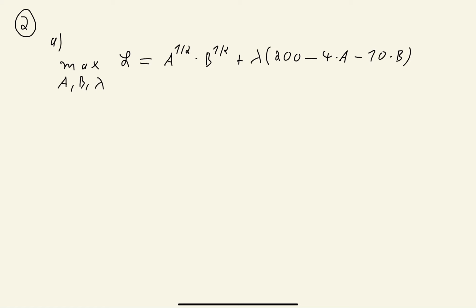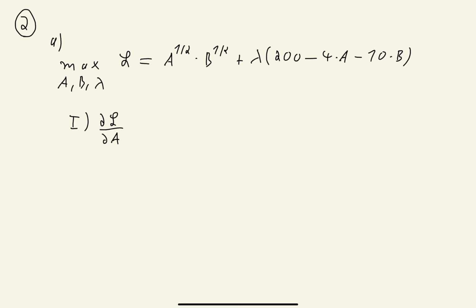You can simply solve this by deriving the first order conditions with respect to the three endogenous parameters, and then you solve the optimization problem. So let us start by taking the partial derivative of the Lagrangian function with respect to the amount of apples.